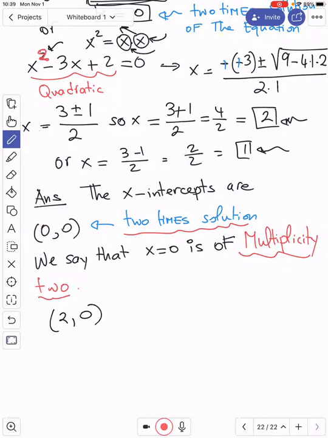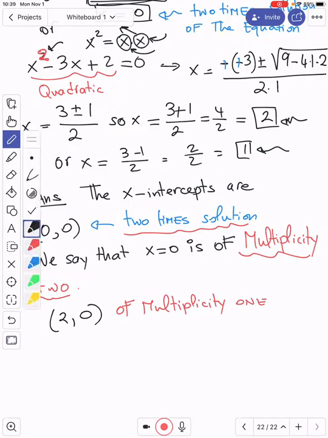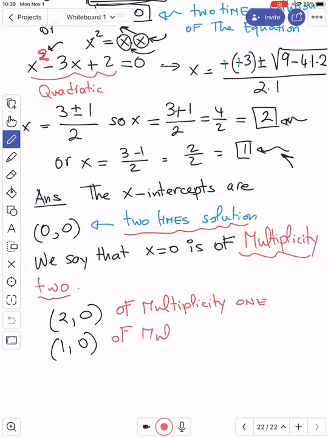So this is of multiplicity 1. It's just a 1 time solution. And then there's a 1, 0. The last solution is 1, so it's 1, 0. And it's also of multiplicity 1. We don't have any power here. So this is just power 1, of multiplicity 1.